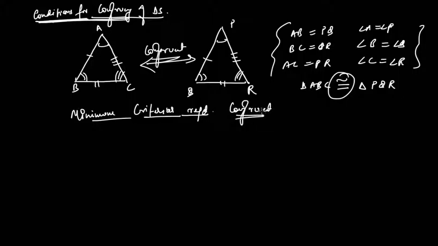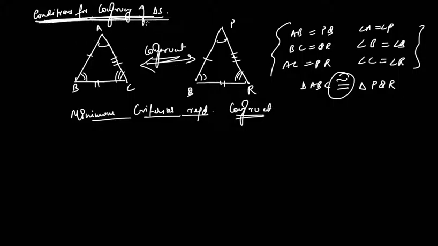Anyone can say this, but do we always require all six conditions, or if I have any two sides, or any one angle, or any two angles or any one side, or any one side and one angle, can I say both triangles are congruent? That is what we'll be focusing on.